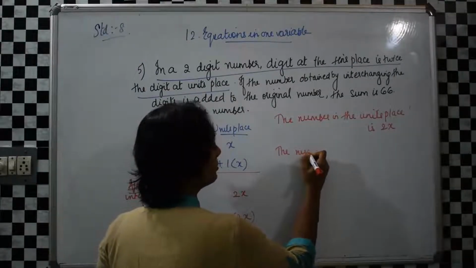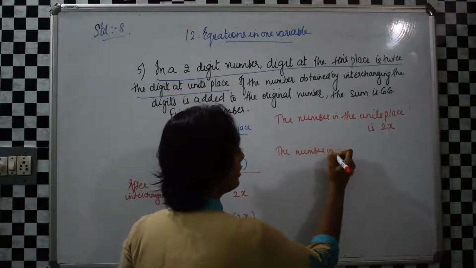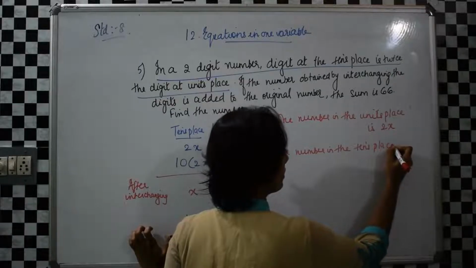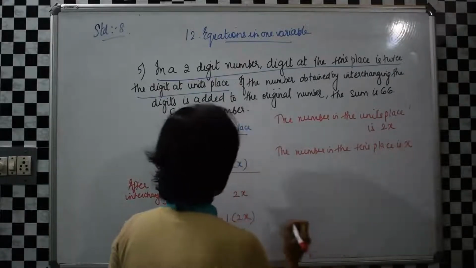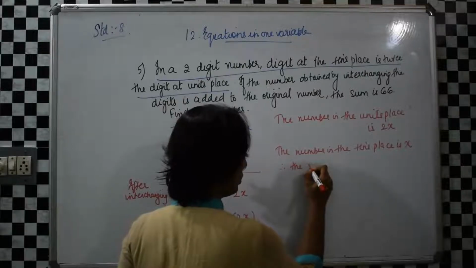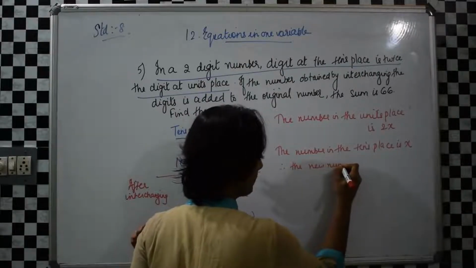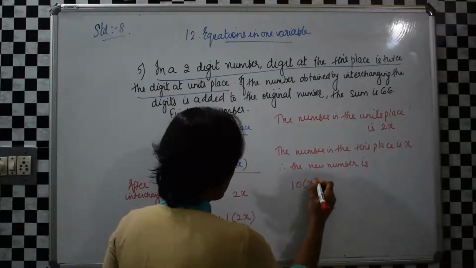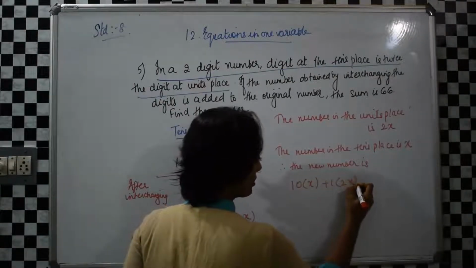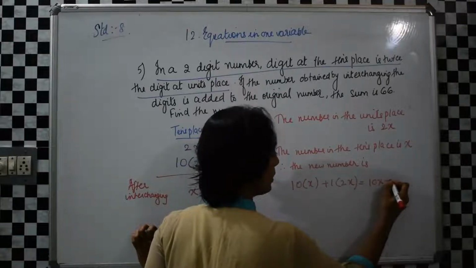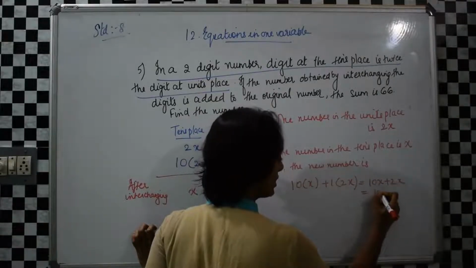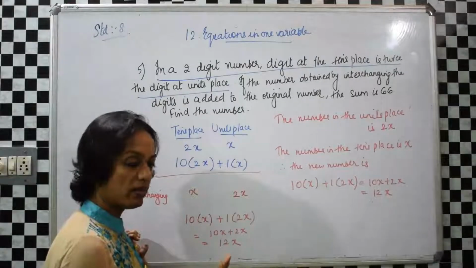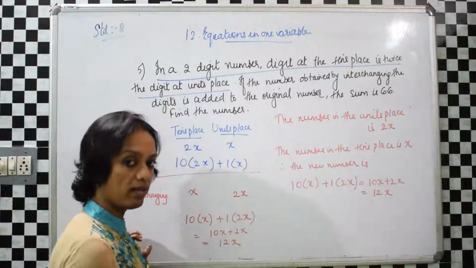The number in the tens place is x. Therefore, the new number is 10 into x plus 1 into 2x. So that's equal to 10x plus 2x, that is equal to 12x. So previously we got the number as 21x, now we got the number as 12x.